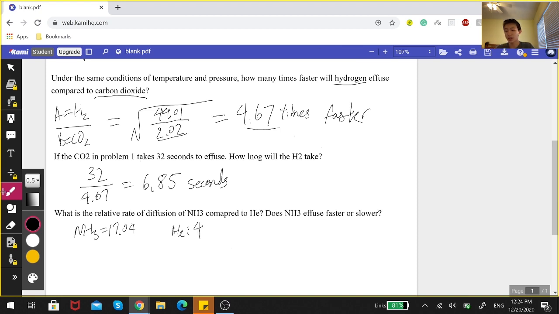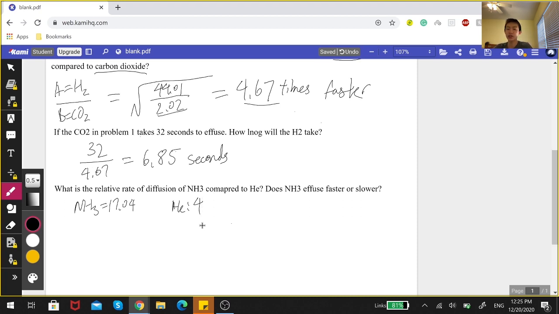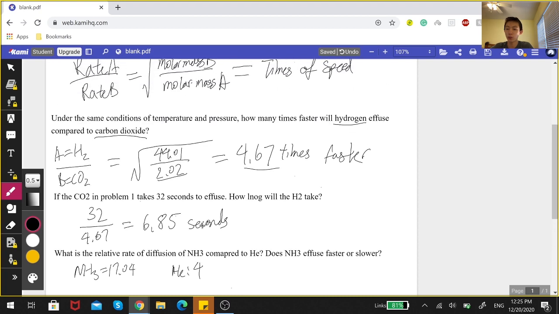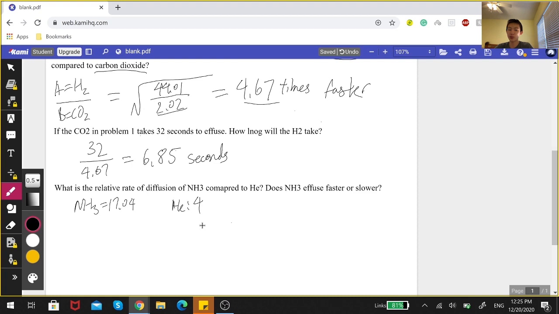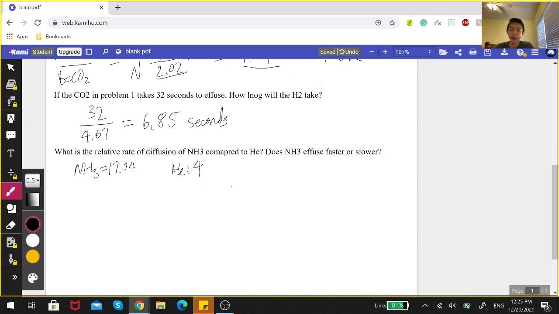Will NH3 travel faster or slower? It's kind of obvious here: since NH3 is much heavier, it will travel slower. Traveling slower means the times of speed will be less than 1. If you travel 0.1 times as fast as something, that means you're much slower. So in order to get a number less than 1, the lighter one has to go on the top and the heavier one on the bottom.